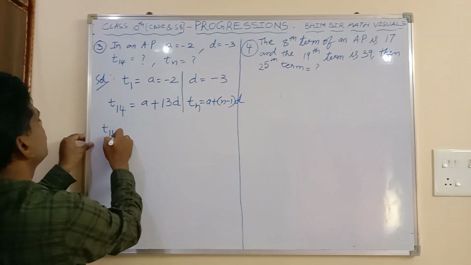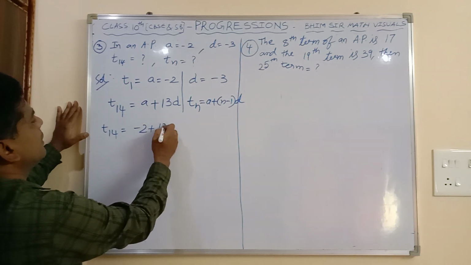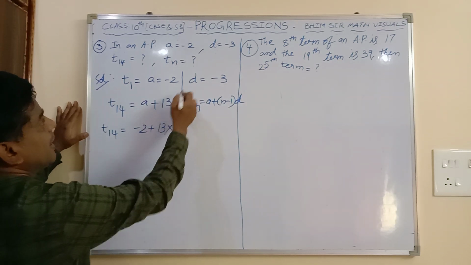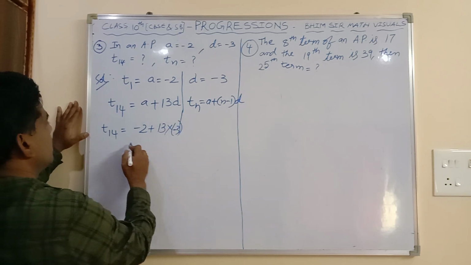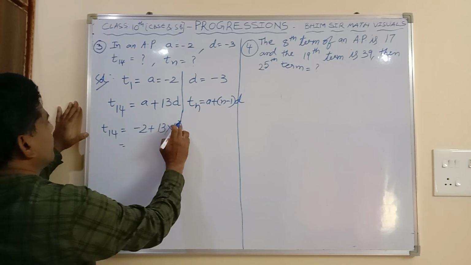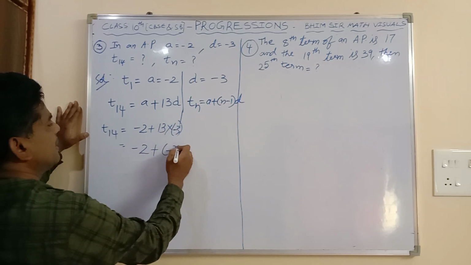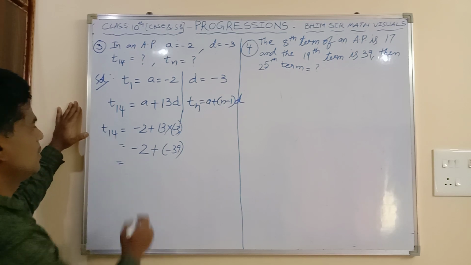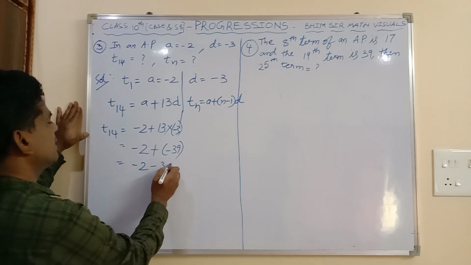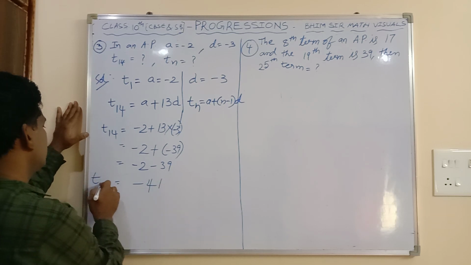Now T14 equal to A, which is minus 2, plus 13 into D, whose value is given as minus 3. So write minus 3 here. So minus 2 plus 13 into minus 3, which is minus 39. So this is equal to minus 2 minus 39. The answer is minus 41, that is T14.